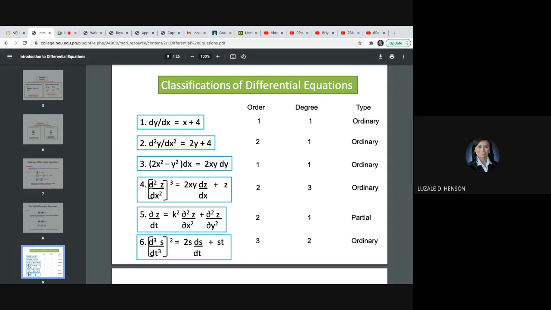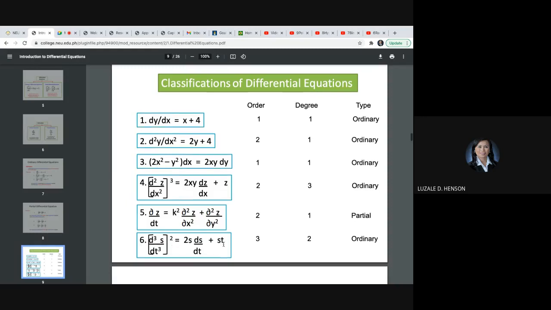So order 2, degree 3, ordinary. This one is a partial derivative of order 2 and degree 1. Number 6, you have order 3 and degree 2. Okay, order 3, degree 2, and it is ordinary, right?